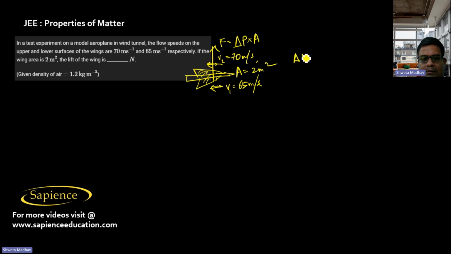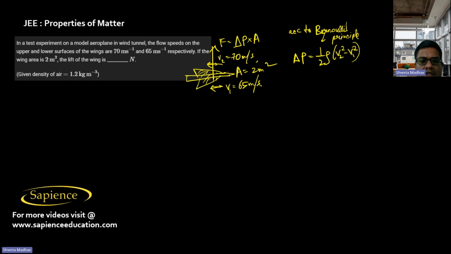Now the difference in the pressure will be equal to half rho into V2 square minus V1 square. Here we are using Bernoulli's principle, that P plus half rho V square plus rho GH is equal to constant.